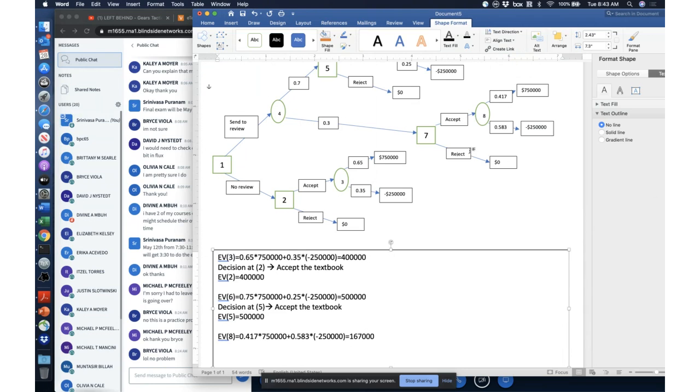Here the payoff is 0, so obviously it's better to do that. So again, the decision at 8 is to accept the manuscript.